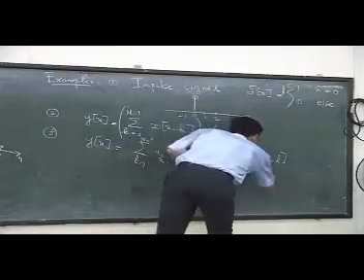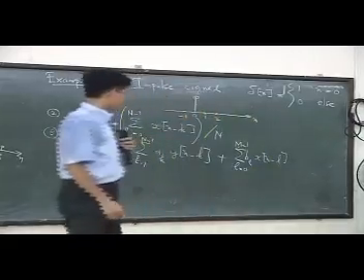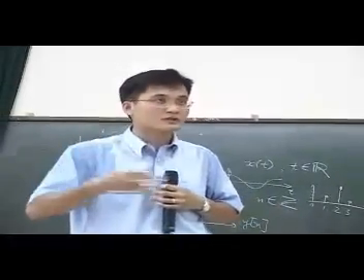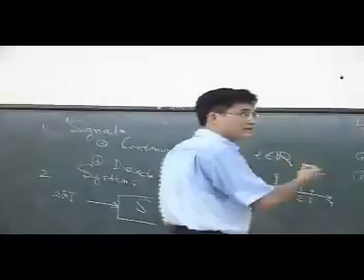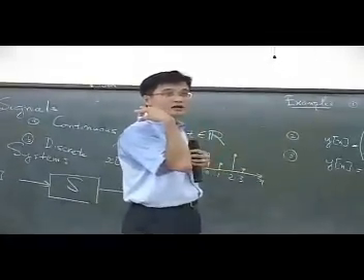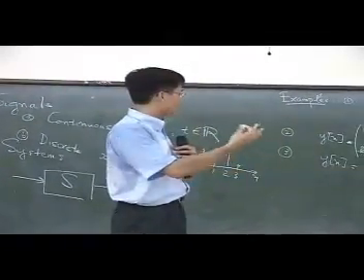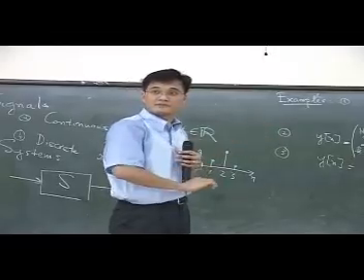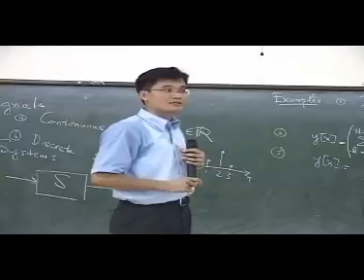So every time I have to compute an output sample y of n, I look at my past output and the input signal, and I take some combination of those. That's another example of a system.